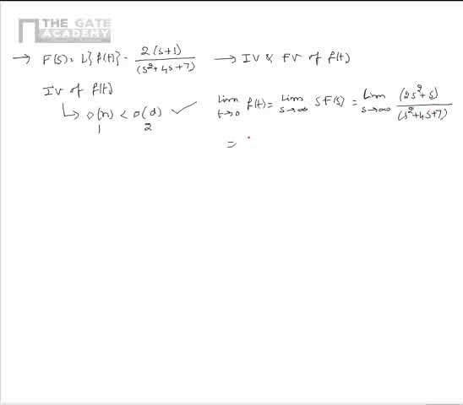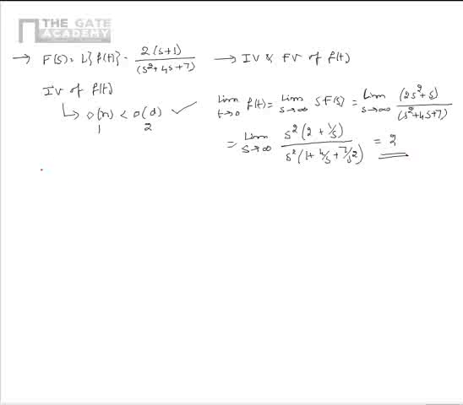By taking s square common, we get s square multiplied by 2 plus 1 by s divided by s square multiplied by 1 plus 4 by s plus 7 by s square, which becomes 2. So the initial value of the given f of t is 2.